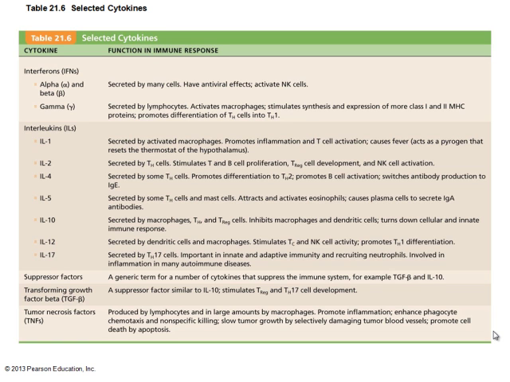Interferons and another group of chemicals called interleukins are all different types of chemicals called cytokines. So in this diagram you see a list of all the different types of interferon. We have alpha, we have beta, and we have gamma. And interleukins, which are a series of chemicals that are going to help with an immune response as well. We have interleukin 1, 2, 4, 5, 10, 12, and 17.